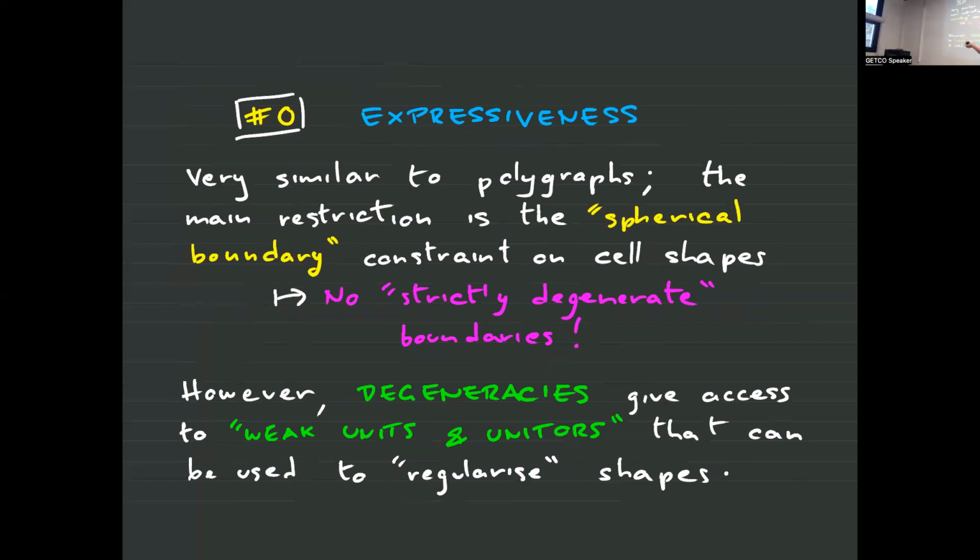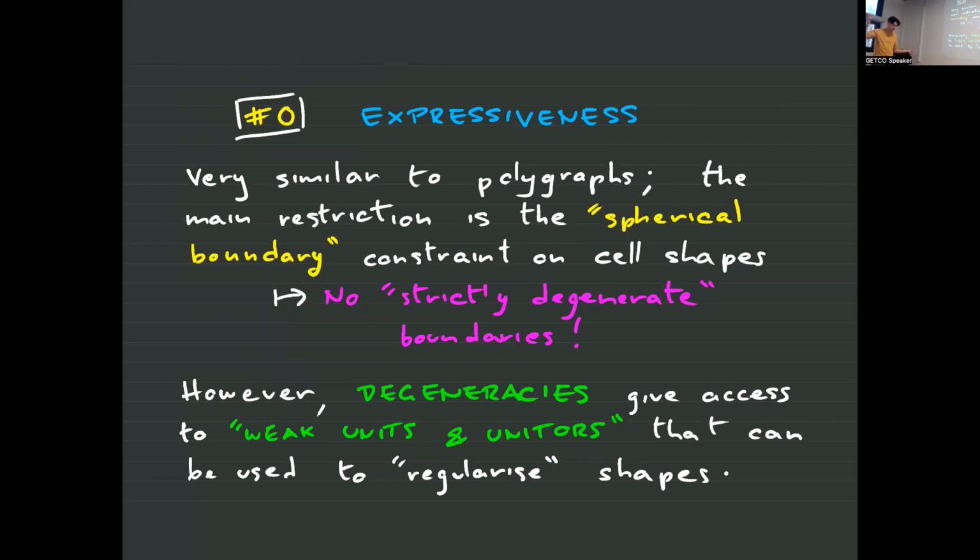Now, how does it do with respect to these three questions I had? In terms of expressiveness, I can't make this very precise, but my feeling is that this is very similar to polygraphs. The main restriction is this roundness, or Steiner boundary constraint, on cell shapes, which is absent in polygraphs, and which forbids you from having cells with strictly degenerate, strictly lower-dimensional boundaries.